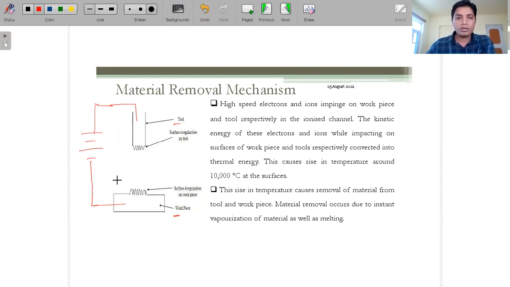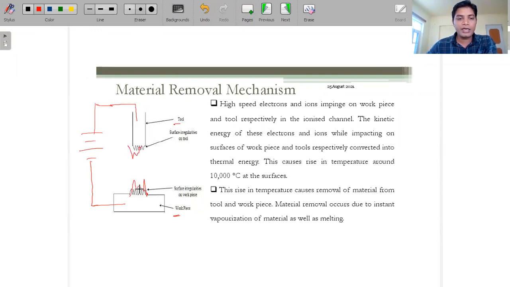When the potential difference is created by the DC power supply, there are surface irregularities on the workpiece surface as well as on the tool.